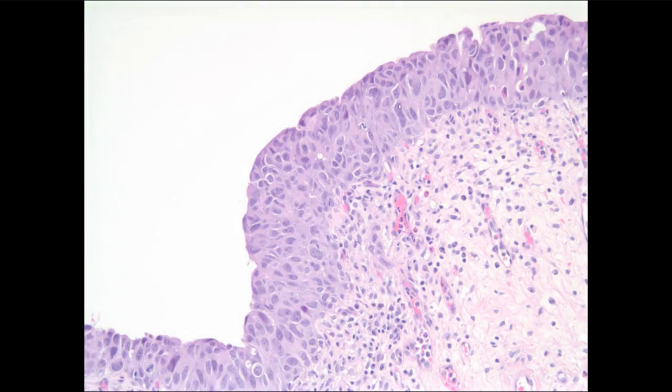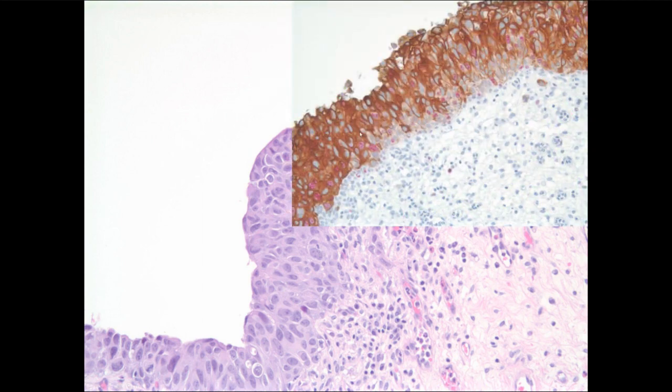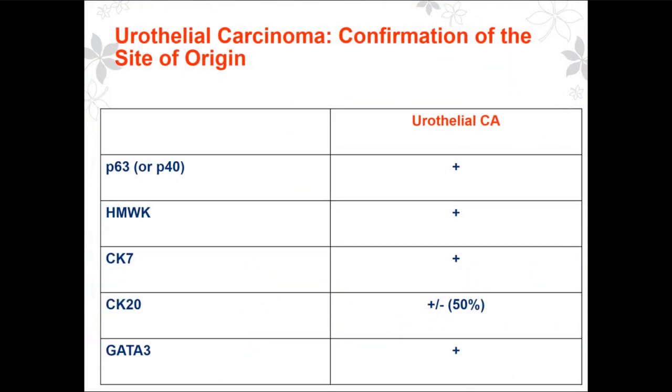In contrast, you can see this is a carcinoma in situ, where the nuclei are huge, and if you stain this, you can see strong transurothelial staining with CK20 and strong P53 staining. So I often use these stains to distinguish neoplasia from reactive.